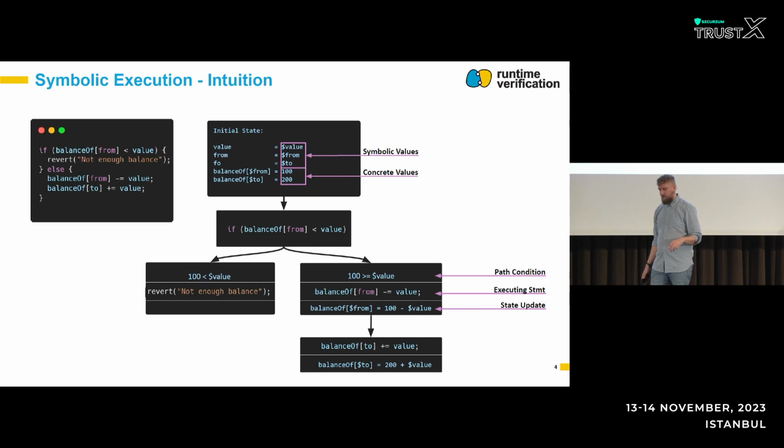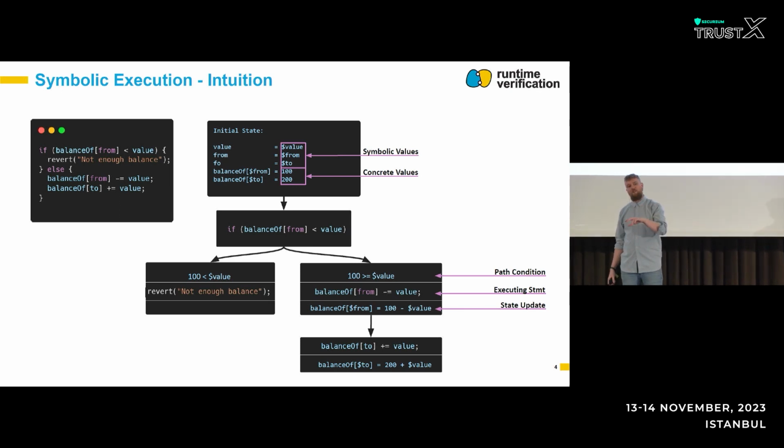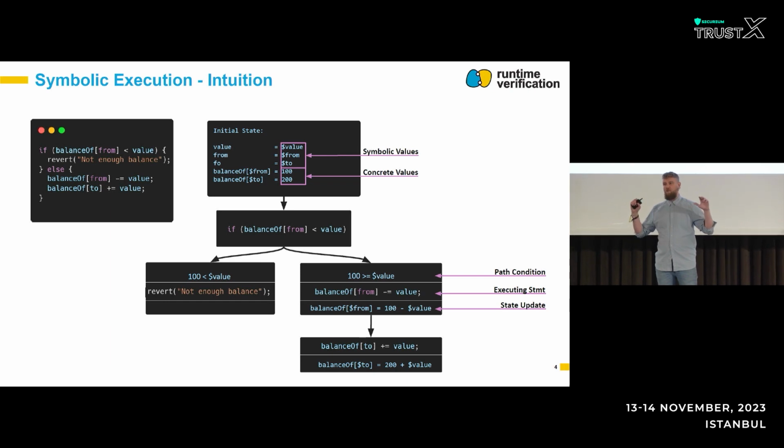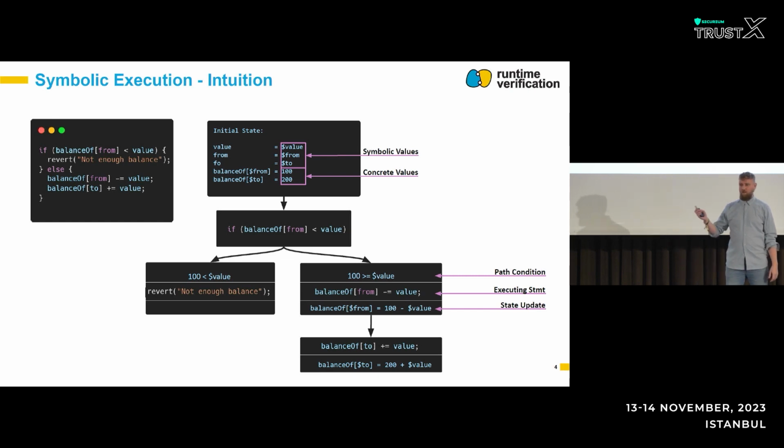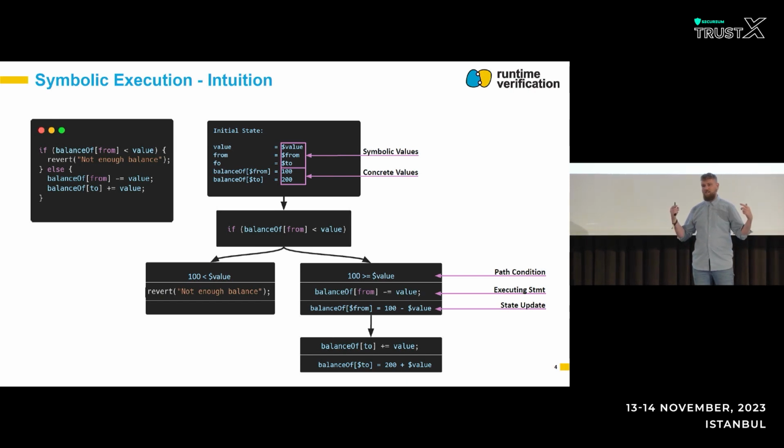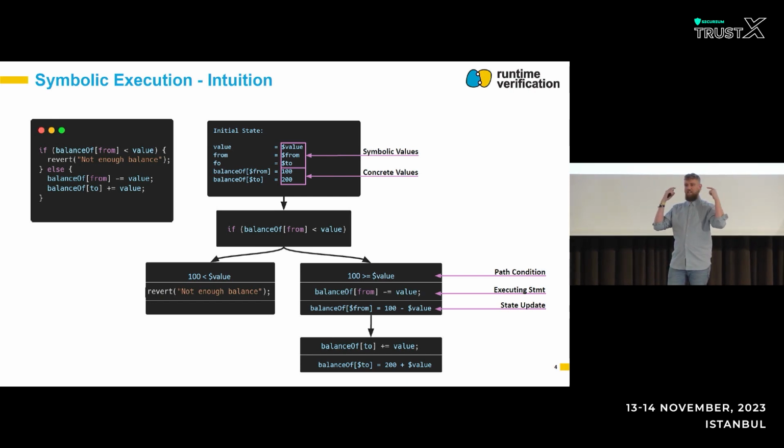So, symbolic execution. Even if you've never heard of it, you all have a very good intuition of symbolic execution. Basically, whenever you're reading code that you have not written yourself, or that you have written half a year ago, or if you're doing a code review for a colleague, or you're doing an audit, then you're doing symbolic execution mentally in your head.